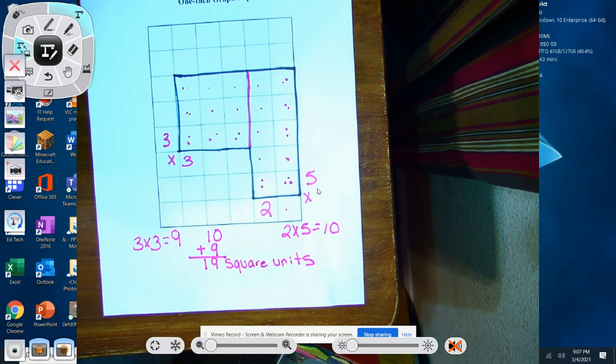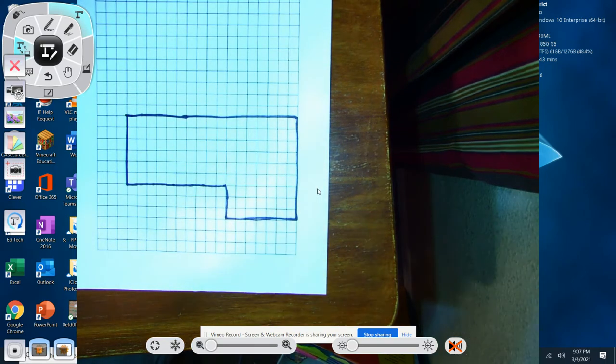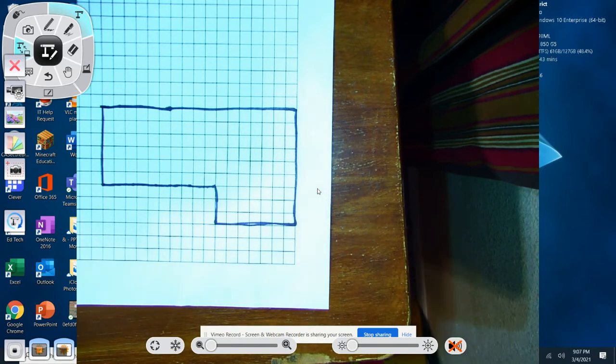Okay, let's try another shape because that shape wasn't super huge, but the more I do math, I'm going to come across some shapes that are big, like this one right here. Oh my goodness, how am I going to do this shape? Mrs. Roberto, it's huge. It is, and we could count each one of those squares to determine the area, but wow, it would be really easy to mess that up. And I really hate to mess up counting when I have something that big to count.